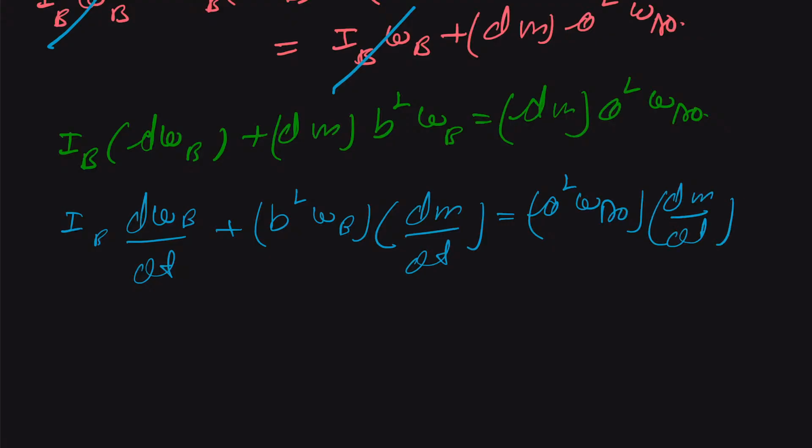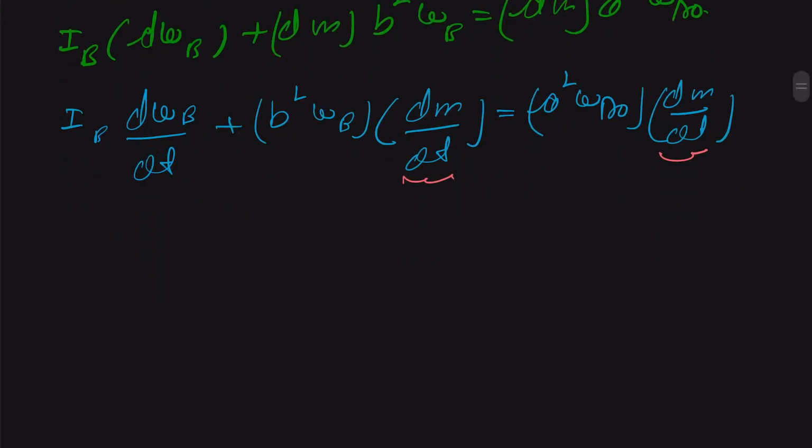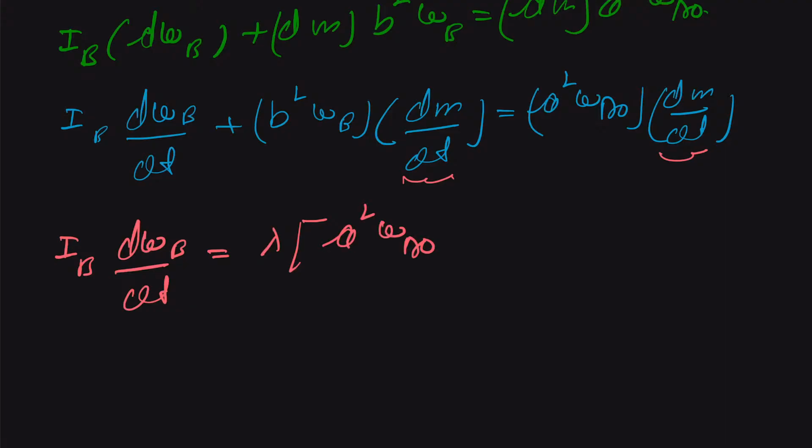And we already know that this term dm by dt is nothing but our lambda. So we can move that on the right side. So we get IB d omega b by dt is equal to, and we can take lambda as common, lambda times a square omega a naught minus b square omega b.